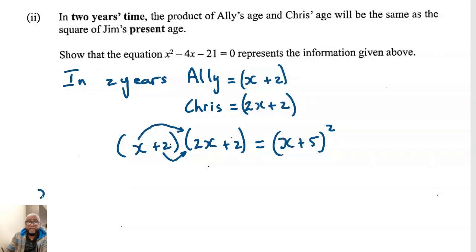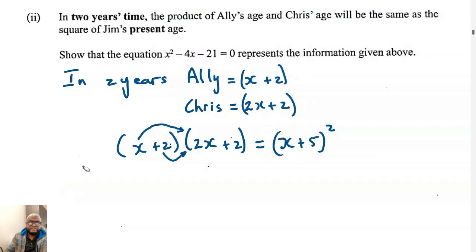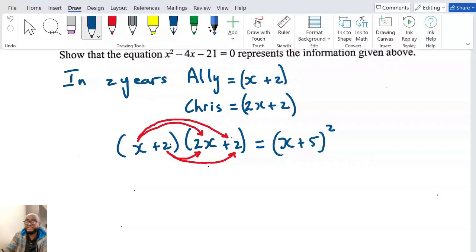It's going to be x by 2x and then x by 2. Then it's going to be 2 by 2x and then 2 by 2. Everybody good? Let's take our time. Composure is everything, Chantal, composure.